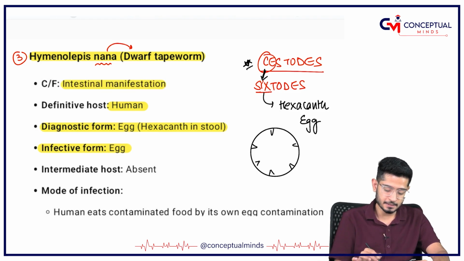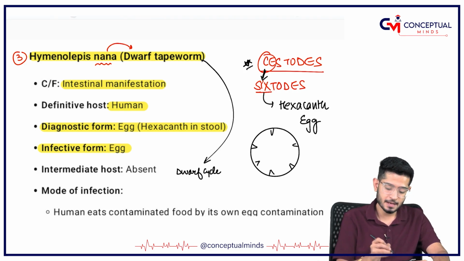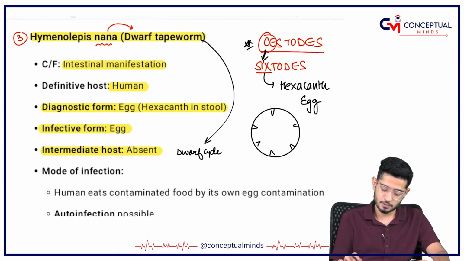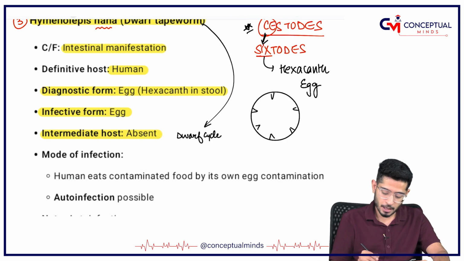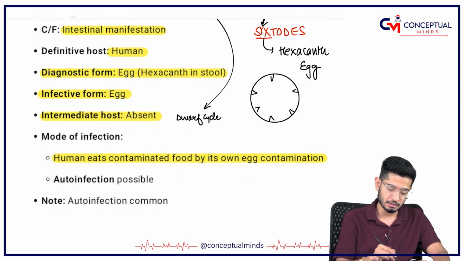Clinical feature is the intestinal manifestations. Hymenolepis nana, a dwarf tapeworm, is having a dwarf cycle. That means there is no intermediate host which is present. So what is going to happen? Humans are going to eat contaminated food with their own egg contamination.